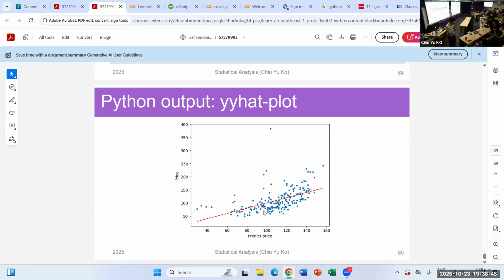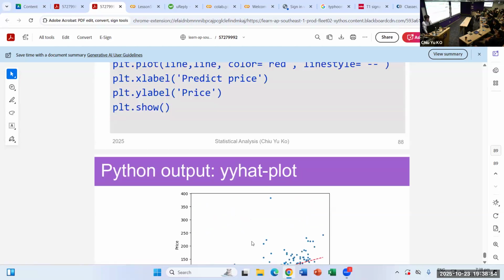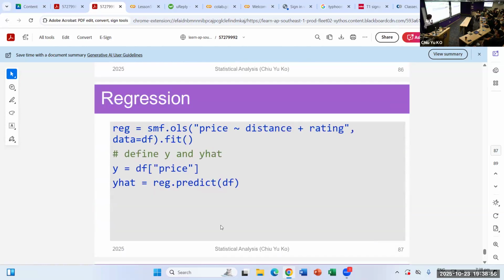Okay. So I do the regression. In particular, I want to remind you that this is the main new Python function you need to know, because this is linear regression, right? Because you'll be using the statsmodels formula, OLS, which tells us Y, what's X, what data is fitted, okay?